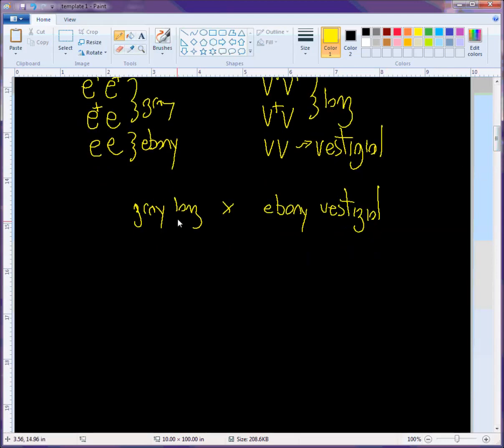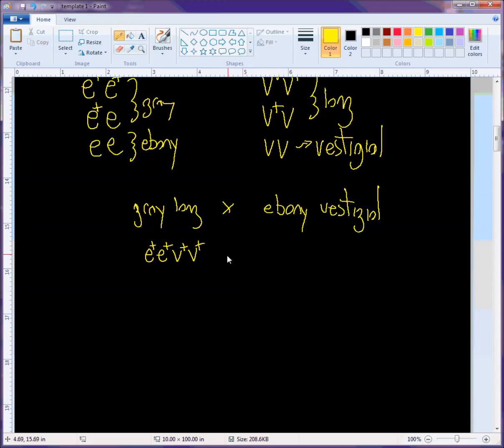So the genotype, and they already said in the question that they're homozygous. So gray is going to be E plus, long is going to be V plus, and now we're not looking at linkage here.